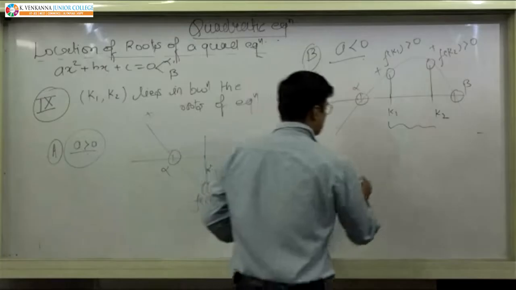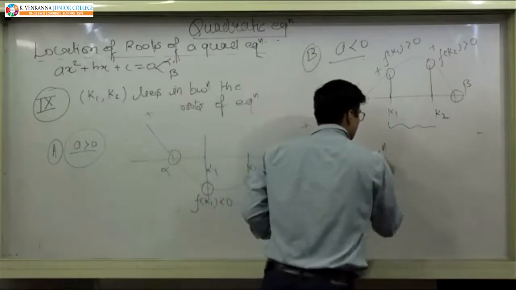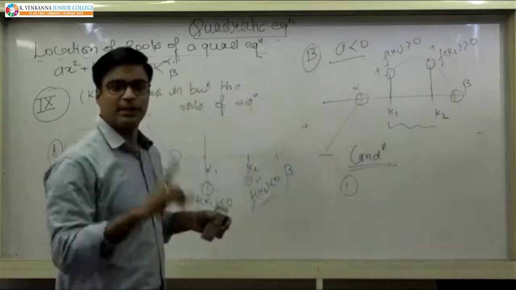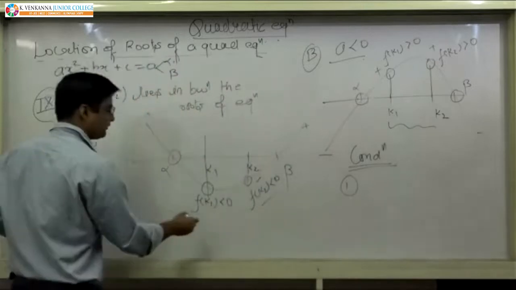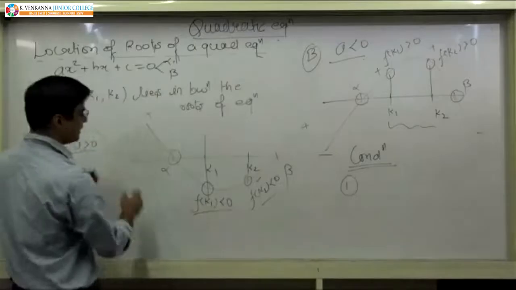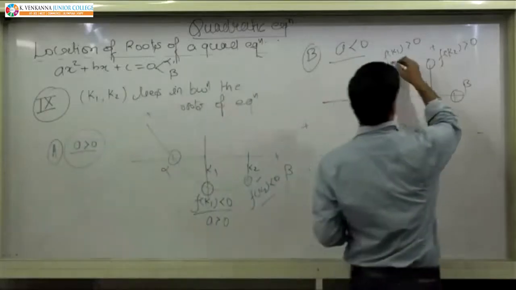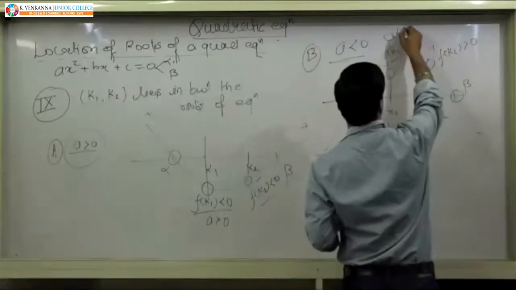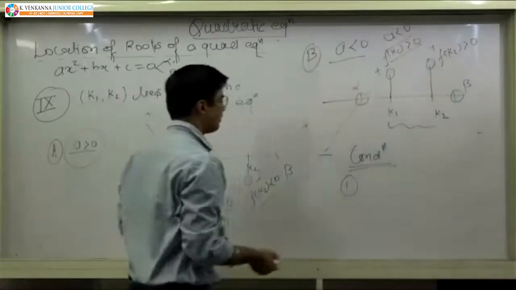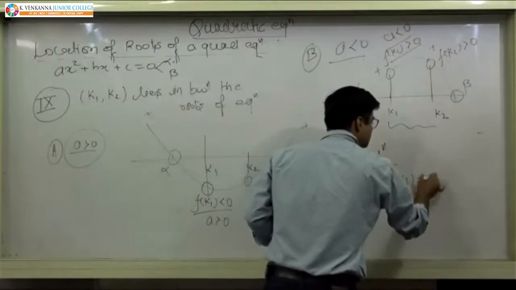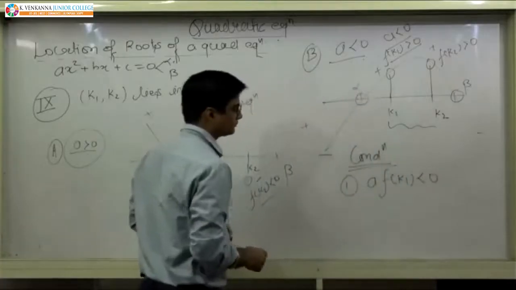So the condition: let's look at K1 first. F of K1 is negative when A is positive. F of K1 is positive when A is negative. That means both are of opposite sign. A times f of K1 is lesser than 0.